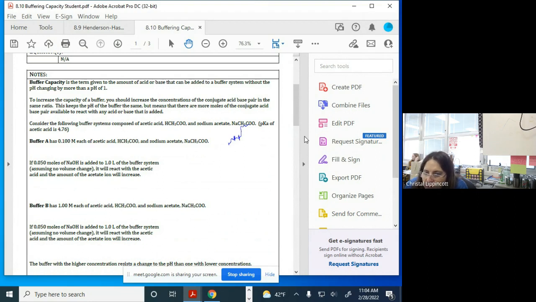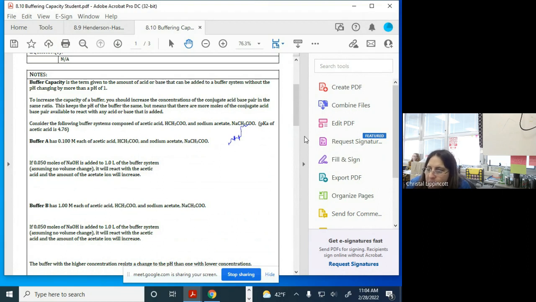So here we have the capacity of a buffer. You should increase the concentrations of those conjugate acid-base pairs and the ratio, and that's going to keep the pH of the buffer the same, but we add in more moles to be able to react to absorb that situation.